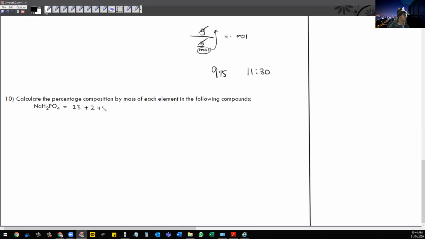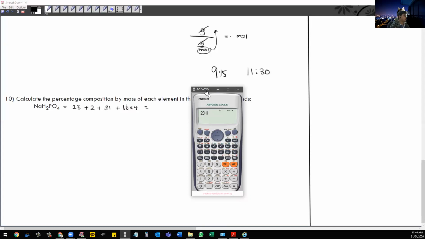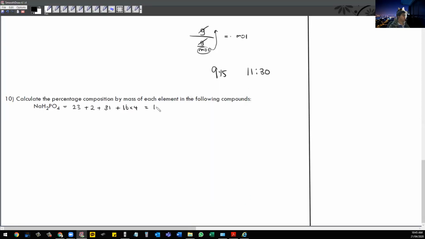Of course, you can do this more exactly, with all the decimal places. And 16 times by 4. Then you get 23 plus 2 plus 31, plus 16 times by 4. You get 120. So 120 grams per mole, right?